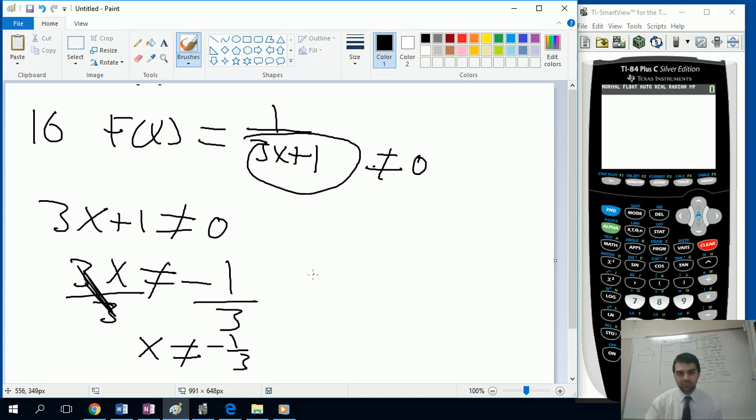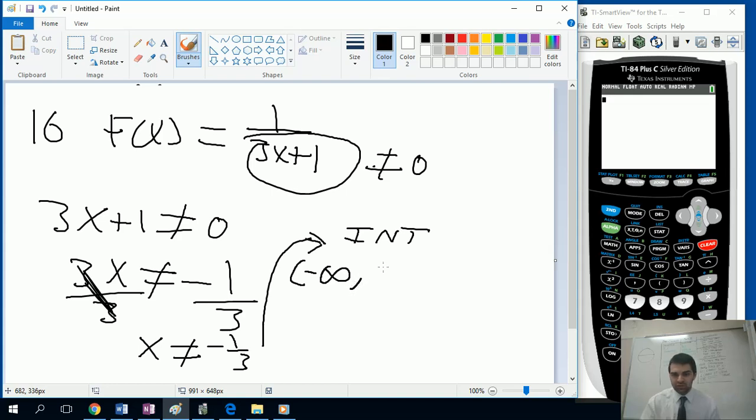Alright? So that's what x cannot be equal to for the domain. Let's put that into interval and set notation. Interval notation. So x can be all values except for negative 1/3. So you're going to have negative infinity to negative 1/3, not inclusive.